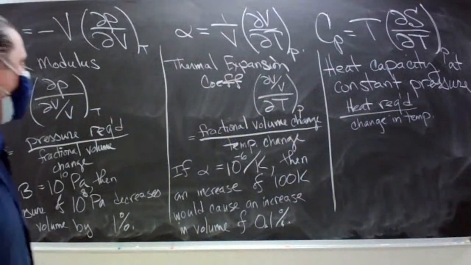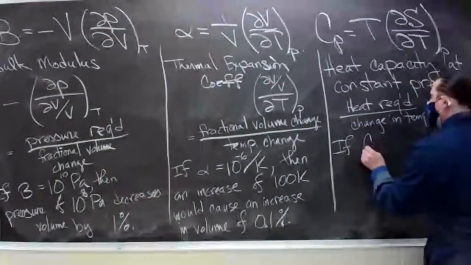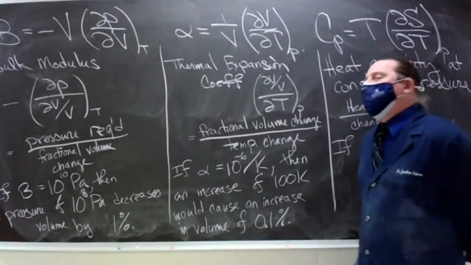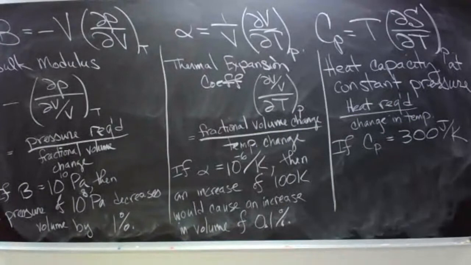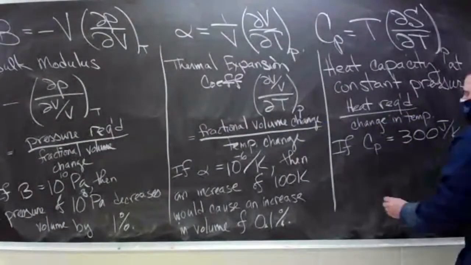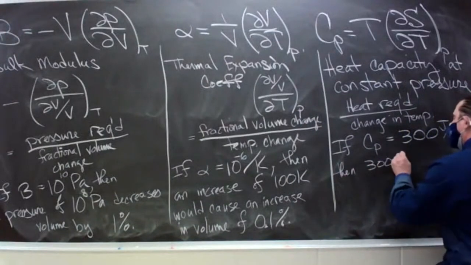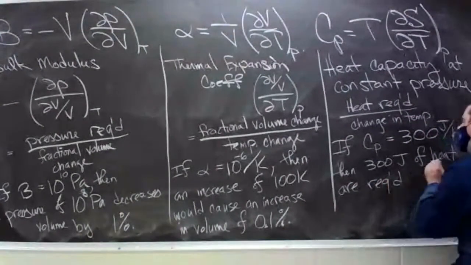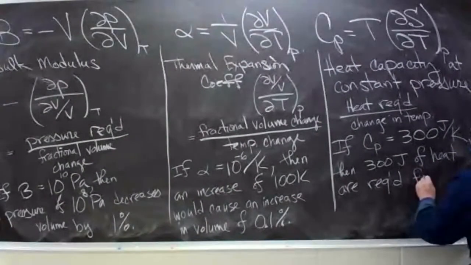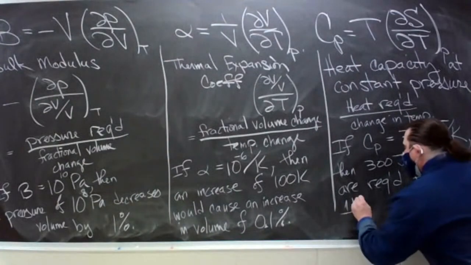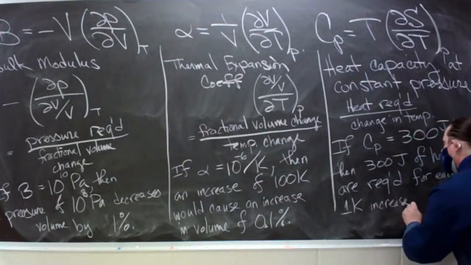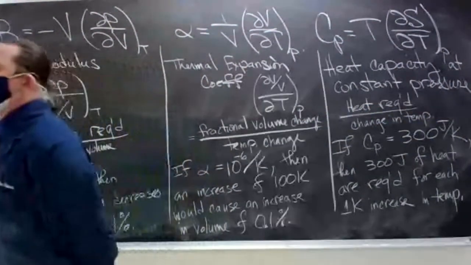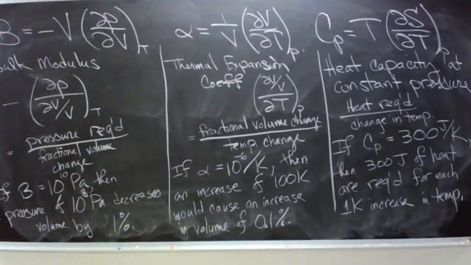All right, so if I had a heat capacity of 300 joules per Kelvin, then 300 joules of heat are required for each Kelvin increase in temperature. All right?